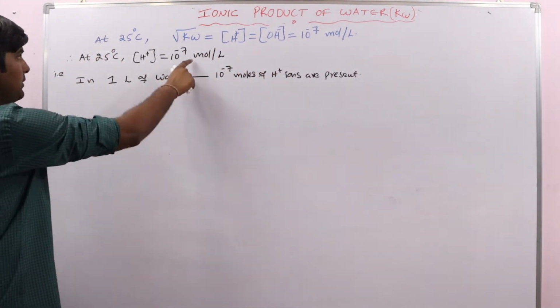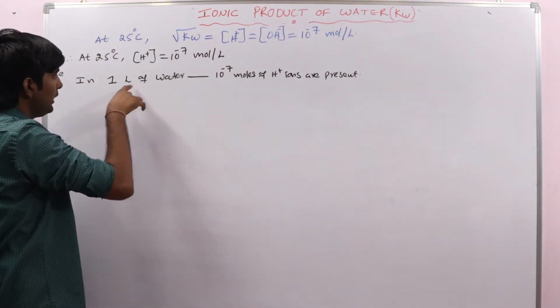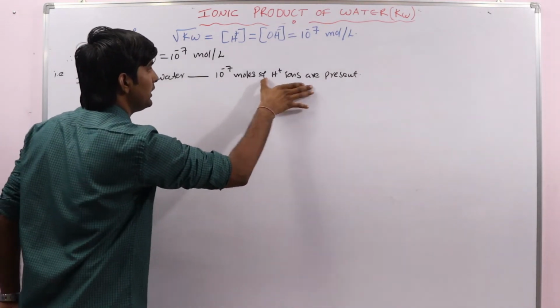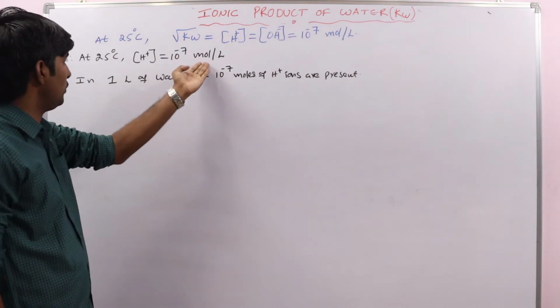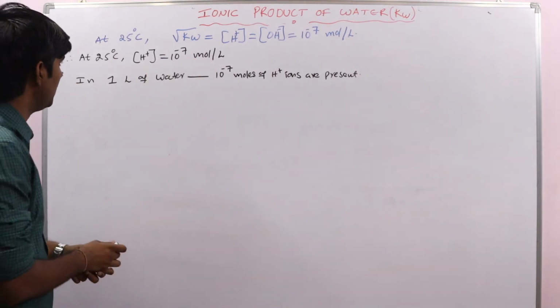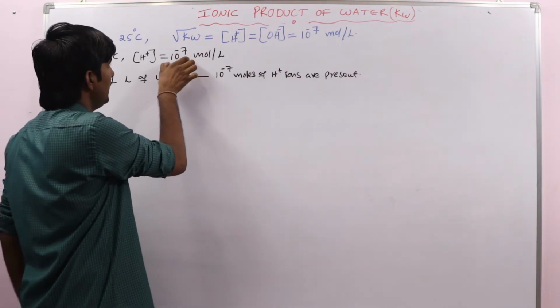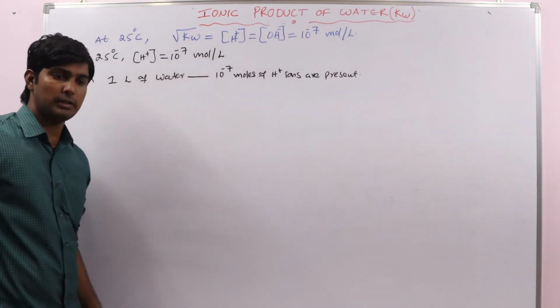Okay, what is the meaning of this one? In 1 liter of water, 10 power minus 7 moles of H plus ions are present. Yes or no? 10 power minus 7 moles per liter. Concentration means in 1 liter of water, these many moles of H plus ions are present.